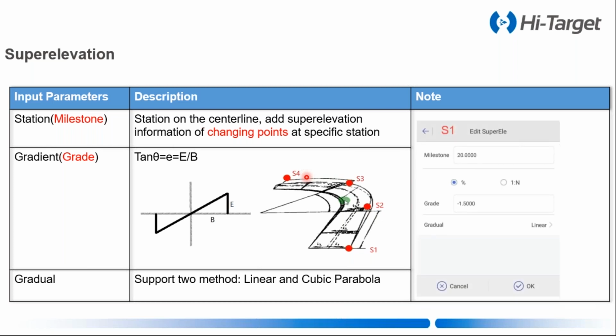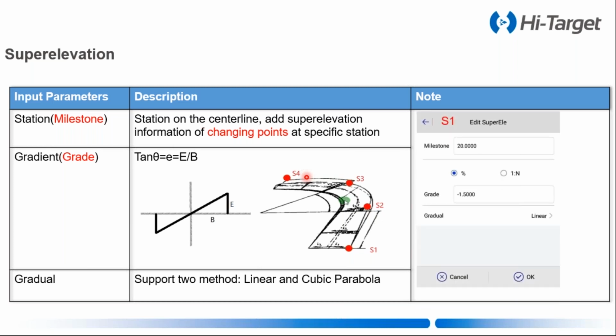So let's check how to input. We need to input all these parameters of the changing points. For S1, we just input the station here, 20 meters station, and the gradient. You can see this is the standard one, so the gradient is minus here.